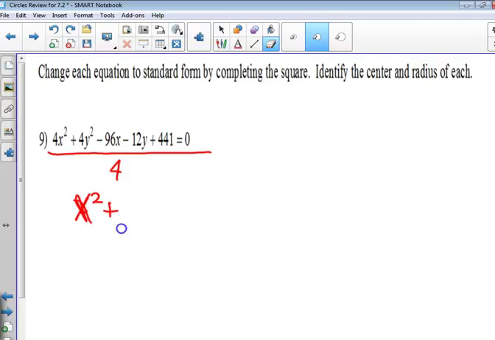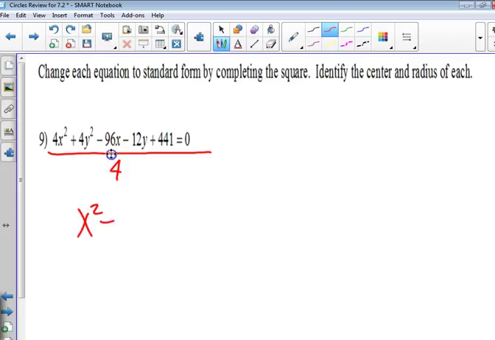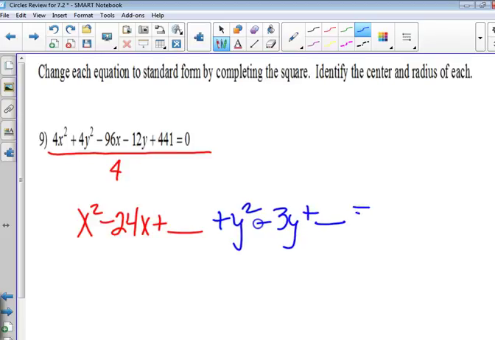Minus. X squared minus 96 divided by 4, 24x. I'm going to put a plus blank. Then the y squareds. 4y squared divided by 4 is just a y squared. Negative 12y divided by 4, negative 3y plus a blank.